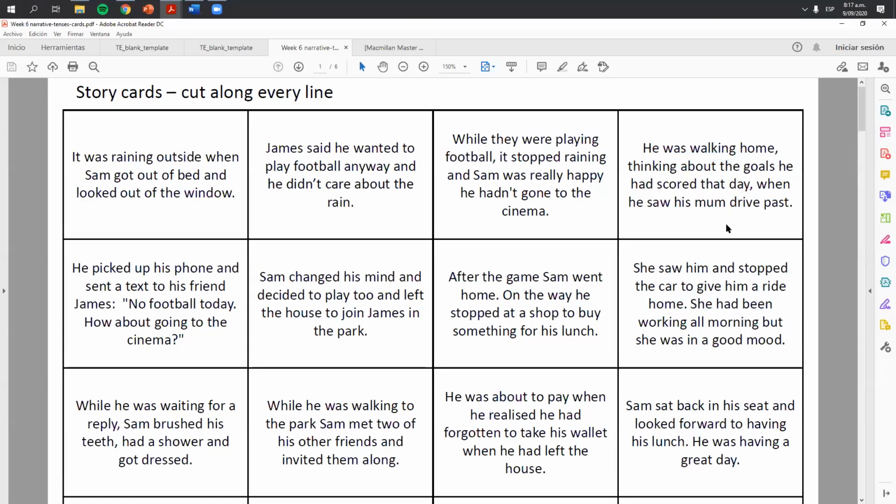So guys, look, there are some cases in which even if we are narrating a story, there might be verbs in present, because they are not the core, not the main part of the sentence. So for instance here, when he saw, that's in past, when he saw his mom drive. So this one is in present, but that's because the one which is conjugated is this.